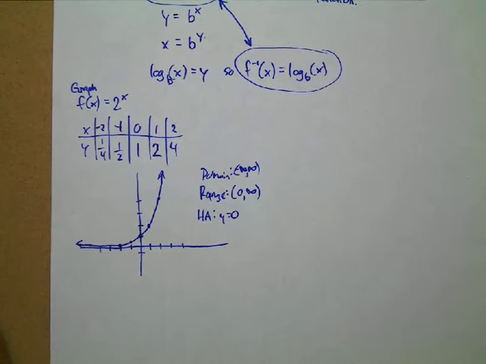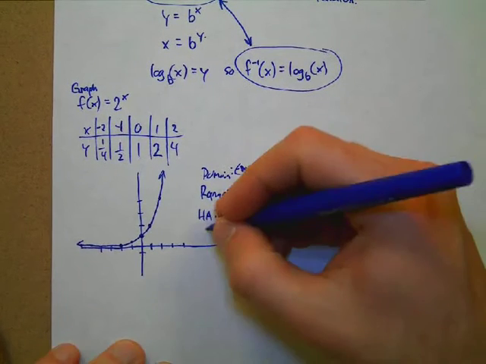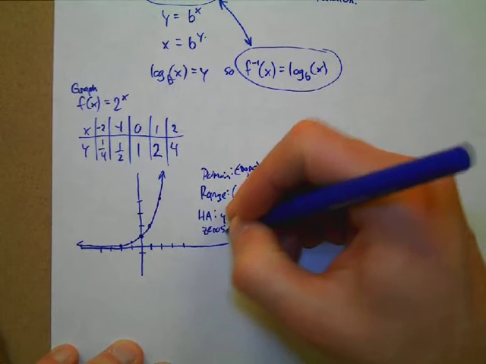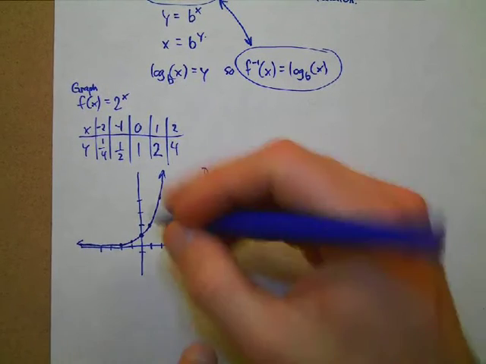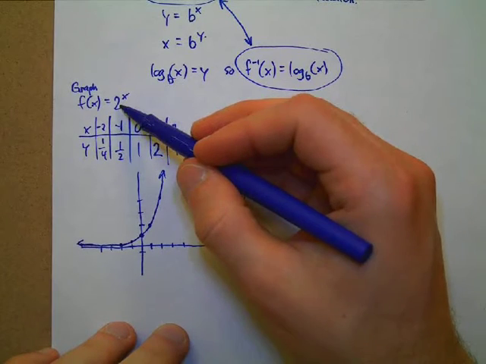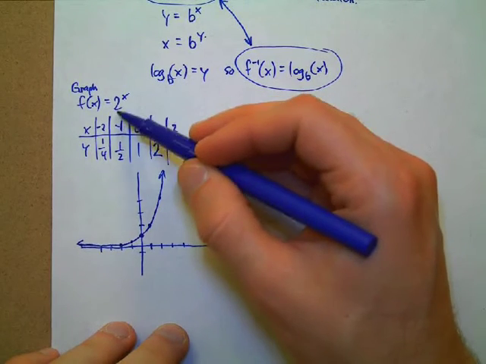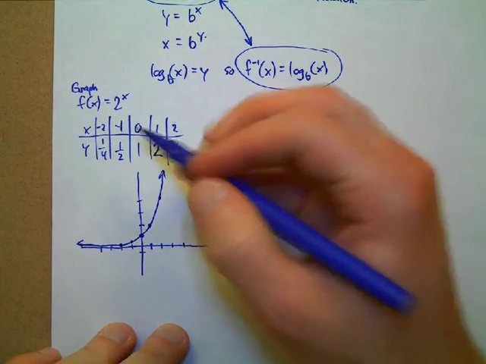Is our graph going to have any zeros? Will it cross the x-axis? No. Can't, right? We're doing powers of 2 here. There's no way for some power of 2 to give us 0, or a negative number either.